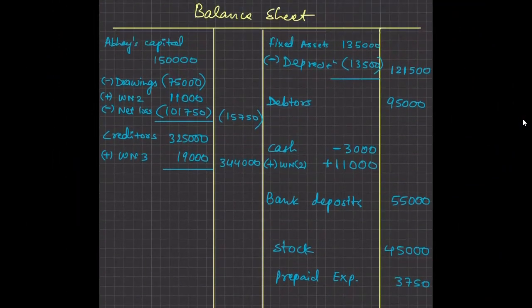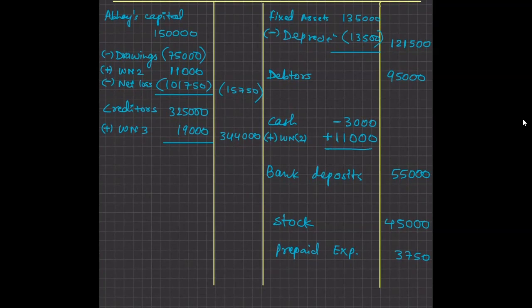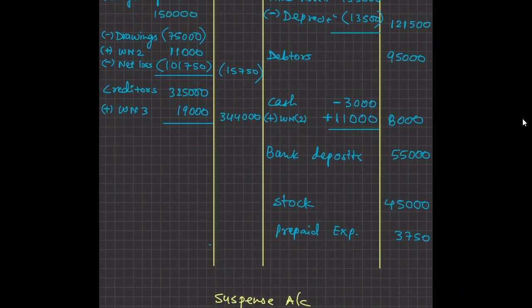Then we have done the total of your fixed assets. We have done the debtors. Your cash balance would be minus 3 plus 11, that would be 8,000. Now the only thing left to do is the total of your balance sheet. Just cross tally both the sides of your balance sheet and let me know if anything is missing.